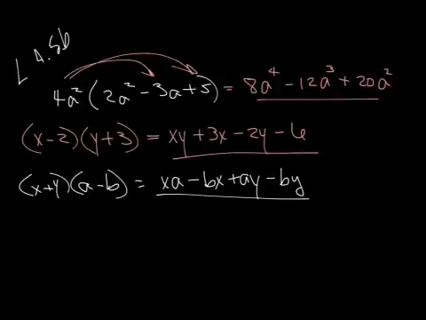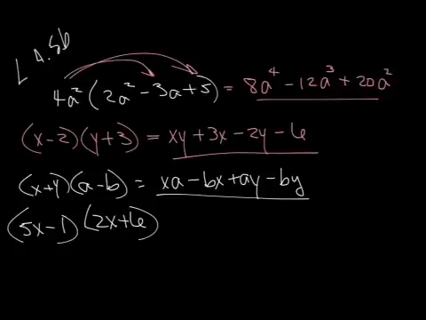Okay, last one is going to be 5x minus 1 times 2x plus 6. Again, F is going to be 5x times 2x, is 5 times 2 is 10, x times x is x squared. Outside is going to be 5x times 6, so that's going to be 30. Don't forget to multiply your numbers together.